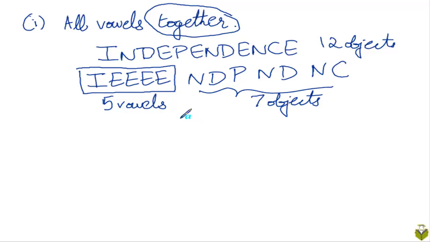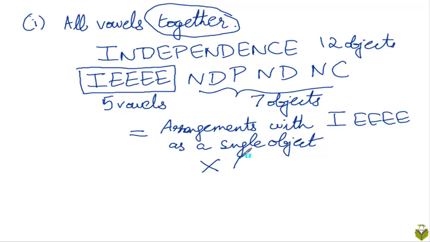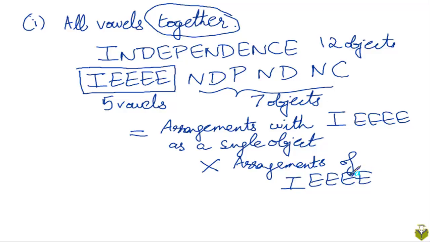So what we have to do is consider arrangements with I, E, E, E, E as a single object multiplied by arrangements of I, E, E, E, E. We had covered such a problem before.